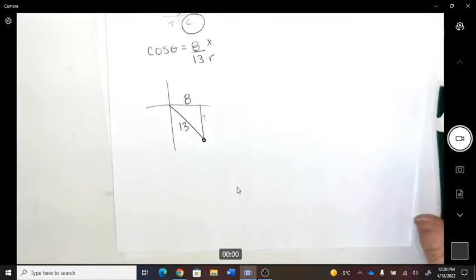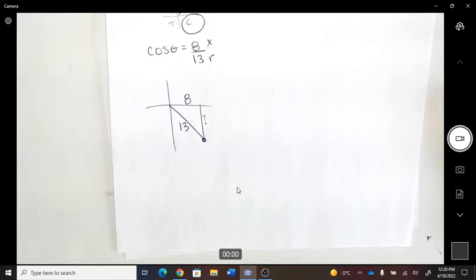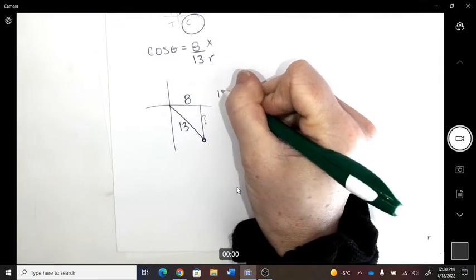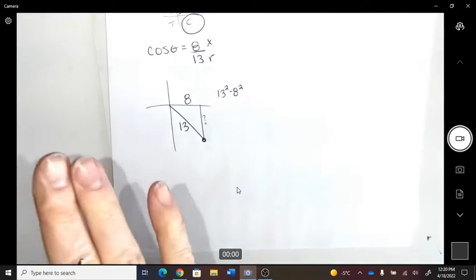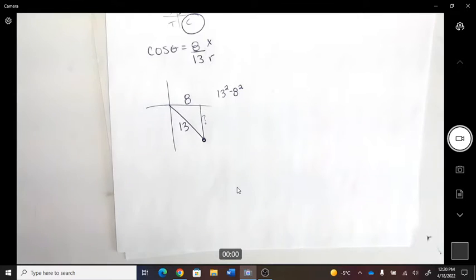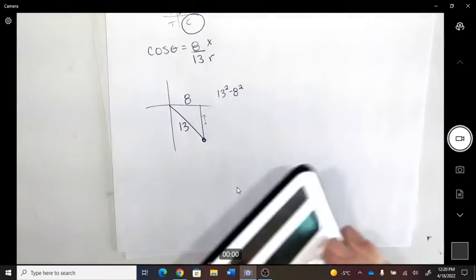Okay, so I need that. So Pythagorean theorem, will I want to do a squared plus b squared or a subtraction Pythagorean? Subtraction Pythagorean. So don't use negative numbers. If there are negative numbers, don't use them while you're calculating that.